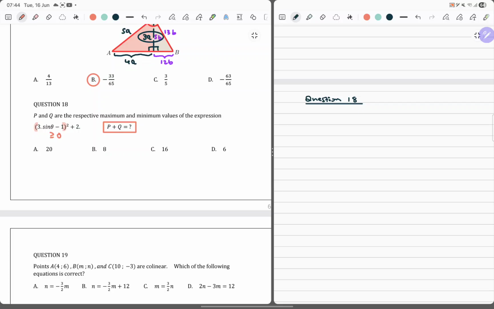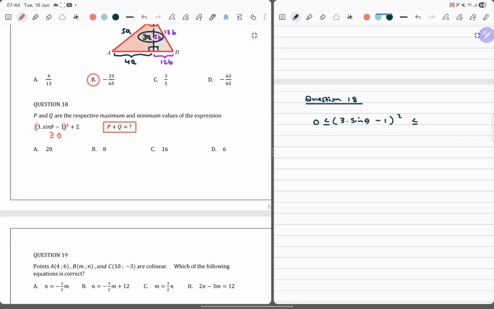So that is greater than or equal to 0. This being the case, it means the smallest value this thing can take is nothing, right? Okay, let's take it nicely, guys. We know that 3 sine theta minus 1 all squared is less than or equal to some value, we don't know, but certainly greater than or equal to 0.